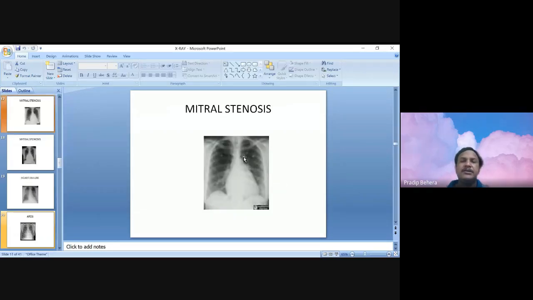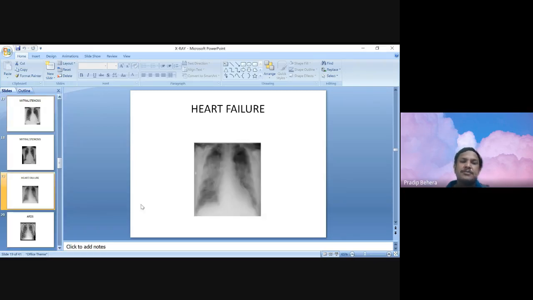Next, this is an X-ray of mitral stenosis. Sometimes they ask, what is the X-ray picture of mitral stenosis? We had one or two cases of X-ray of mitral stenosis. So this is called the straightening of the left border of the heart. You see this picture. Here is the X-ray of the heart shadow.